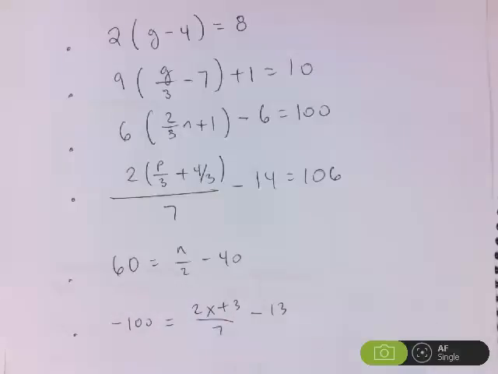Second limitation on forward, backward is that it doesn't work if I have something that's nonlinear. So if I have squares or square roots or cubes or different powers, there are some limits with forward, backward. I can't really do that because I have two answers and I can't just reverse everything.